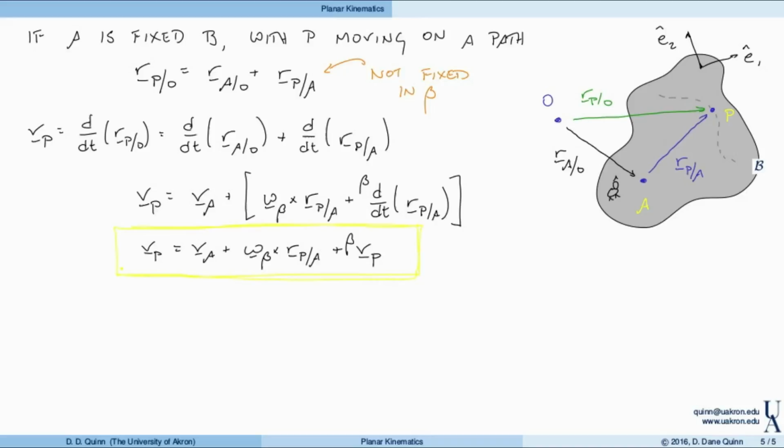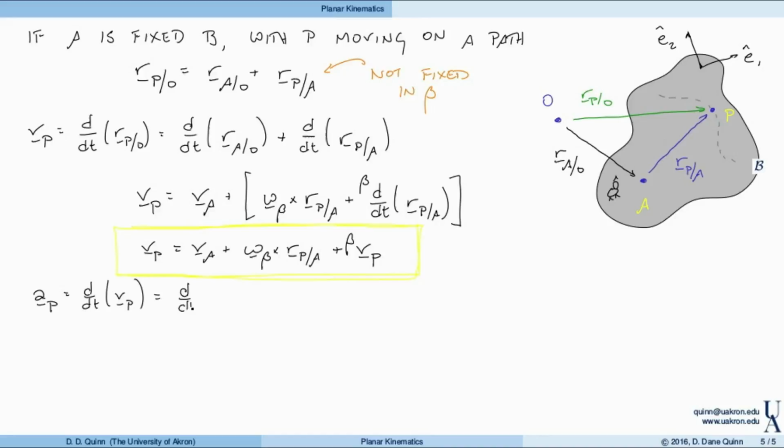Now, when it comes time to go and evaluate the acceleration, right, we'll basically do the same sort of thing. The acceleration of P is the derivative of velocity, which ends up being the derivative of all these terms.